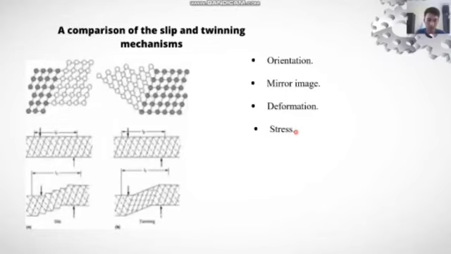Stress. In slip, a lower stress is required to initiate it, while a higher stress is required to keep it propagating. In twinning, a high stress is required to initiate, but a very low stress is required for propagation.